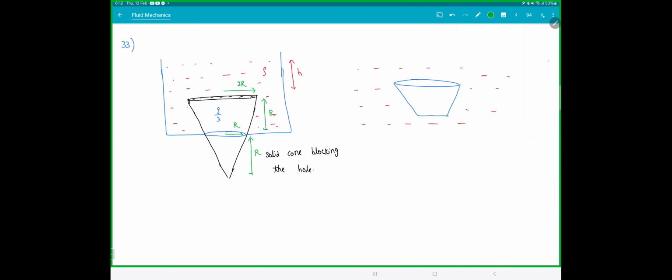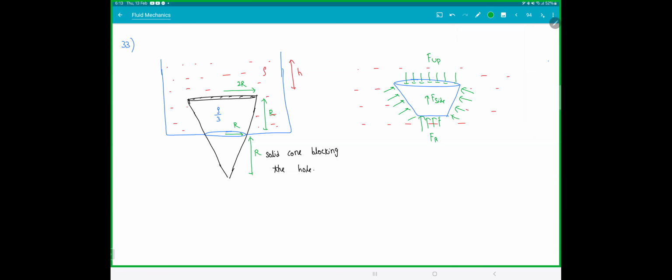Now, if you look at the forces acting on this, we have a force from the top, a force from the side, and a force from the bottom. So this is the force from the top. This is the force due to the side walls, I'll just write it as F side.